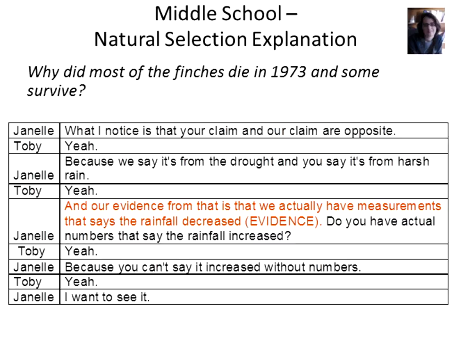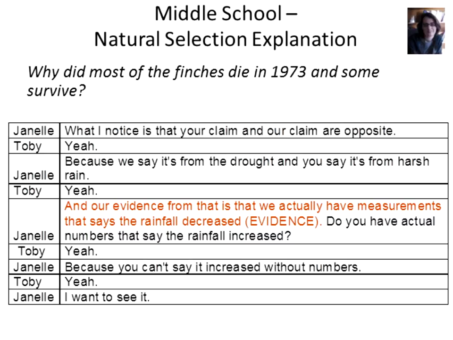So here what you see is, during a little discussion they're having as a group, the first student, Janelle, says, "What I notice is that your claim and our claim are opposite." Another student, Toby, says, "Yeah." Janelle says, "Because we say it's from the drought and you say it's from harsh rain." Toby says, "Yeah." And Janelle says, "And our evidence from that is that we actually have measurement that says the rainfall decreased.